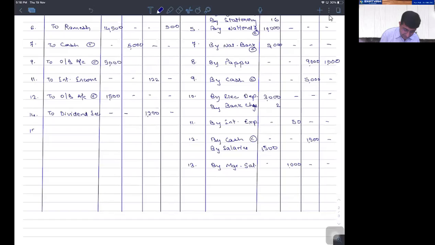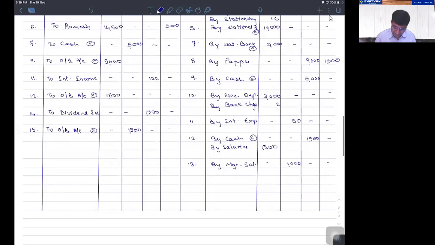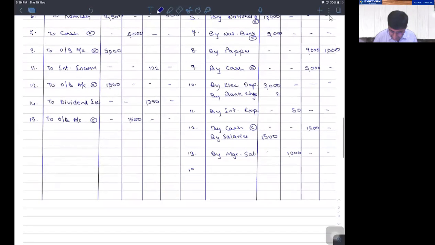Therefore, last transaction: to overseas bank account, again a contra transaction in the national bank column, rupees 1,500. Until now cash was being withdrawn, now money is being transferred. And on to the credit side, by national bank for the contra transaction in the overseas column, rupees 1,500.